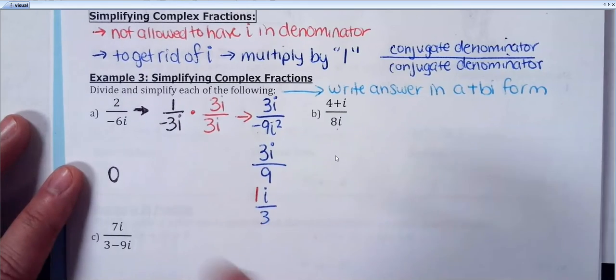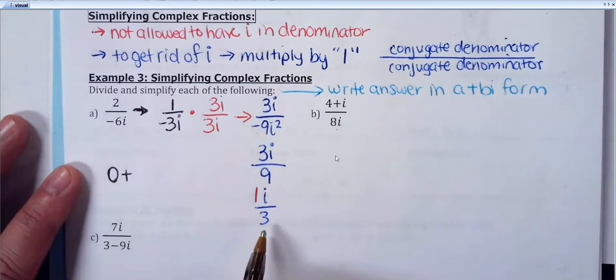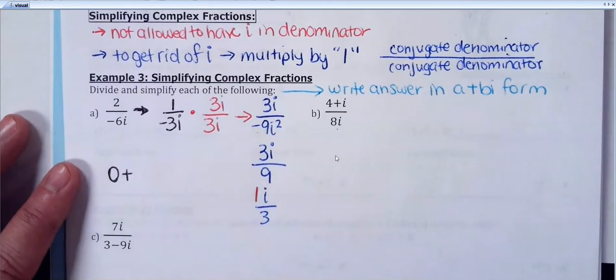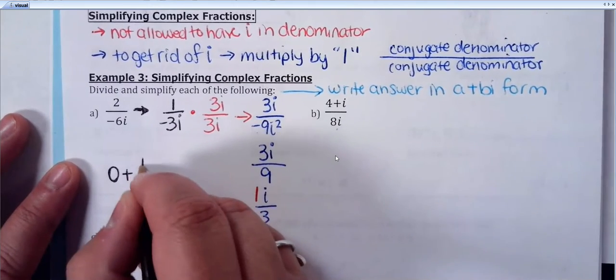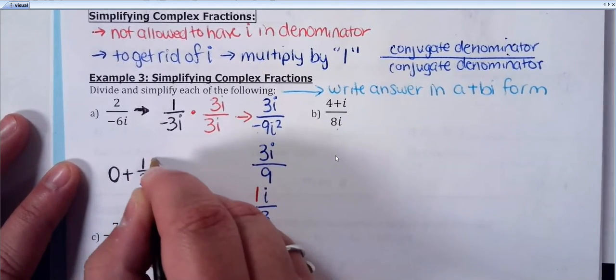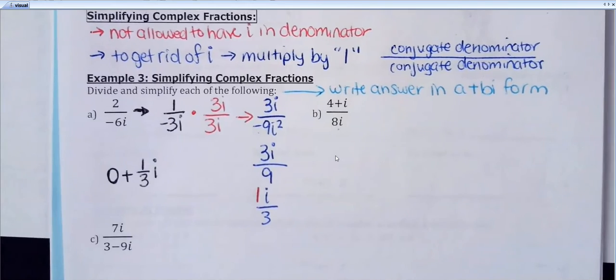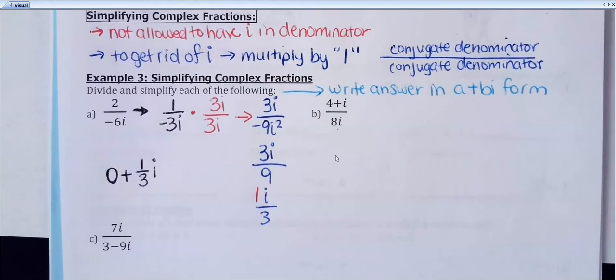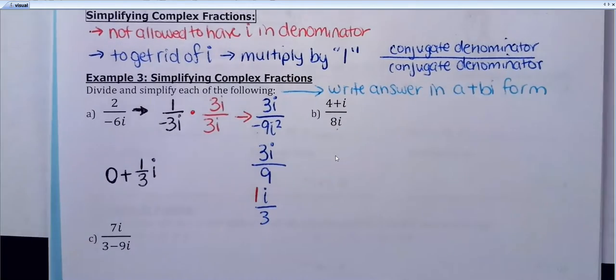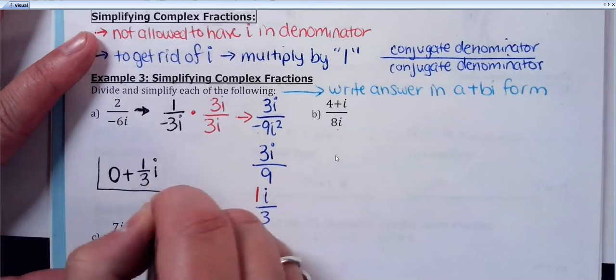This is positive. And what I would do here, if I do b times i, this is i over 3. That's the same thing as 1/3 times i. So I'm just pulling that fraction to the side so i is next to it, and then that is in the a plus bi format.